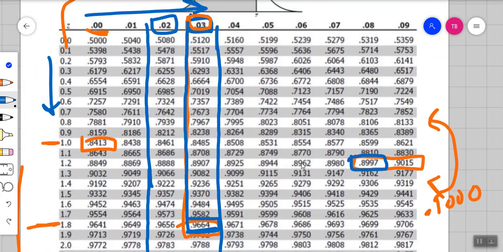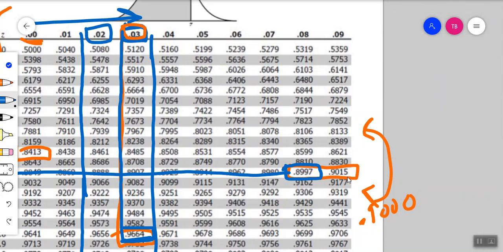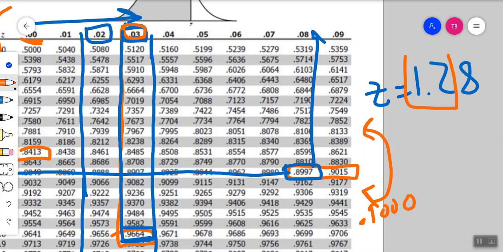Then you go backwards. You go out this way to get your first two numbers, 1.2, so our z equals 1.2. And you go up this way for your last number, 8. I'll do that one more time.